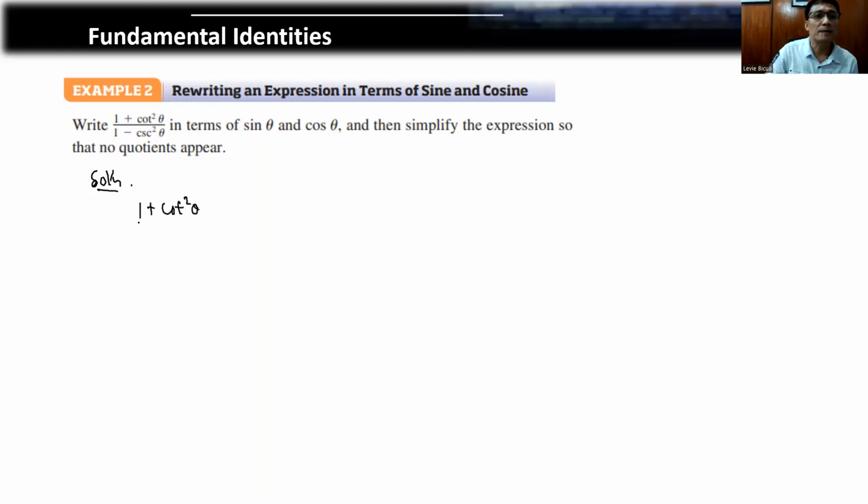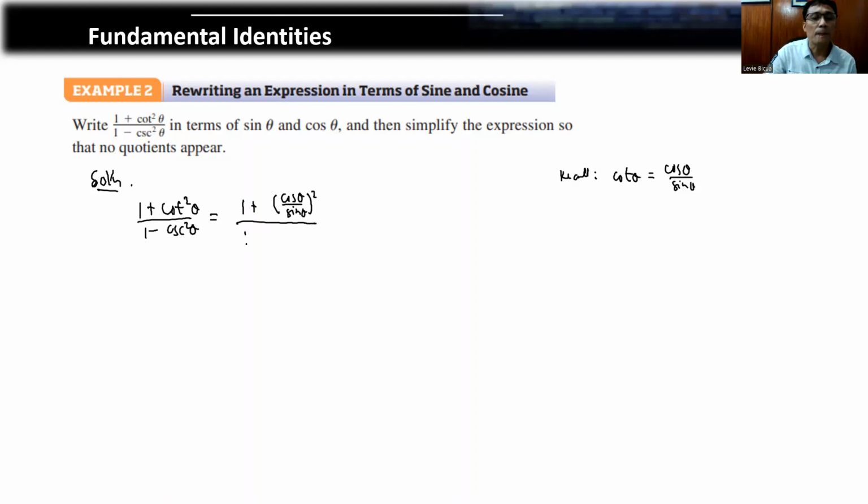What we will do here is make use of the quotient identity for cotangent, because you recall from the list of identities that cotangent theta is actually cosine theta over sine theta. So we replace this cotangent with cosine theta over sine theta, then square.